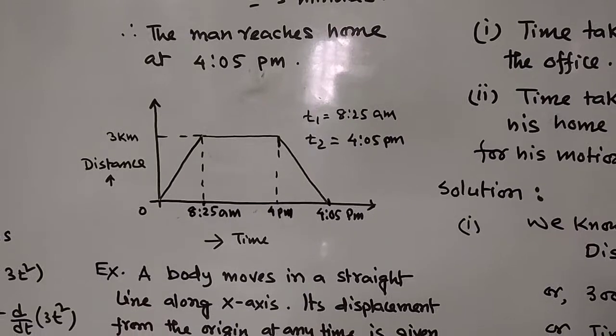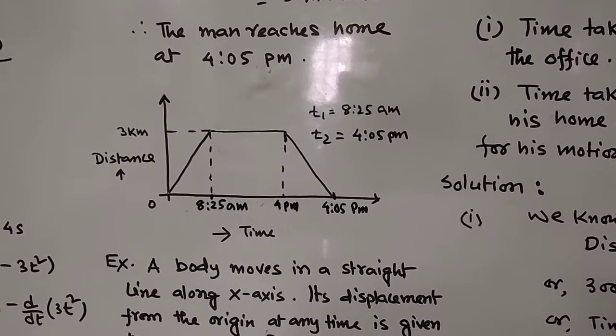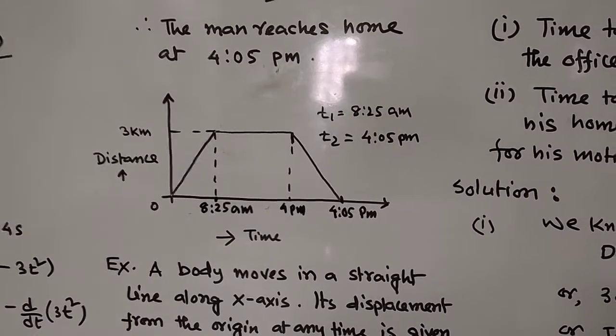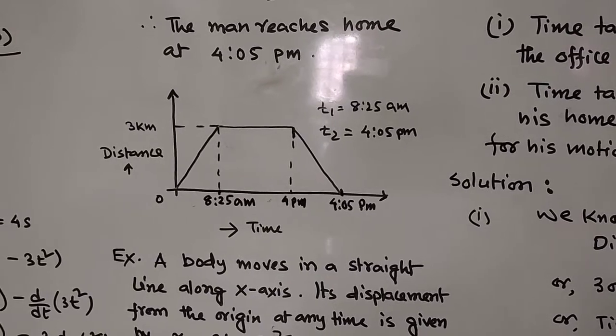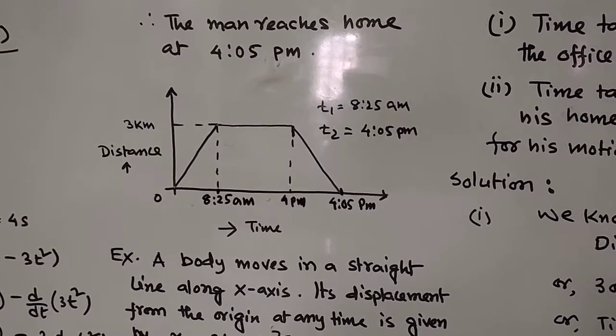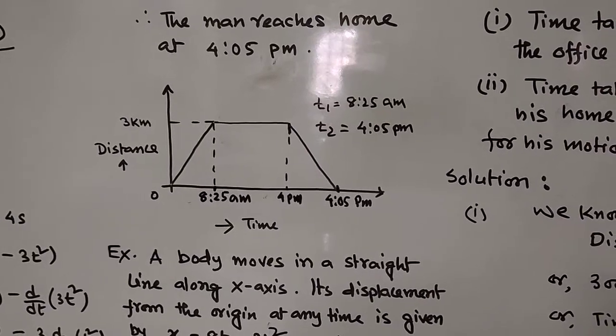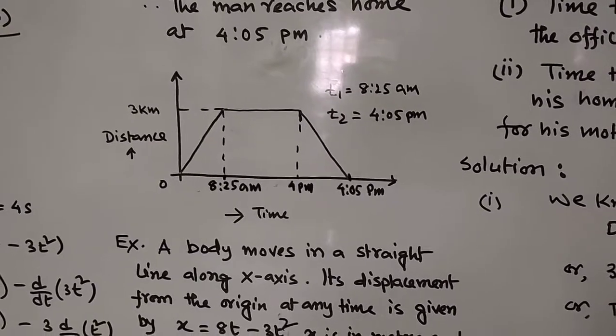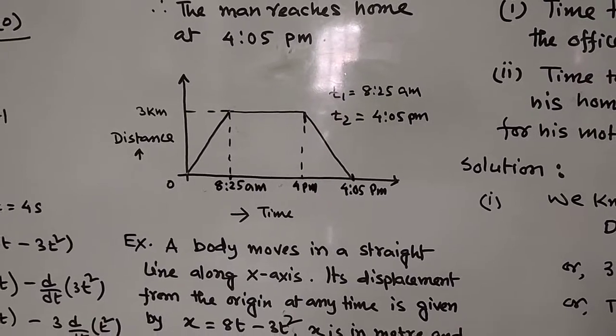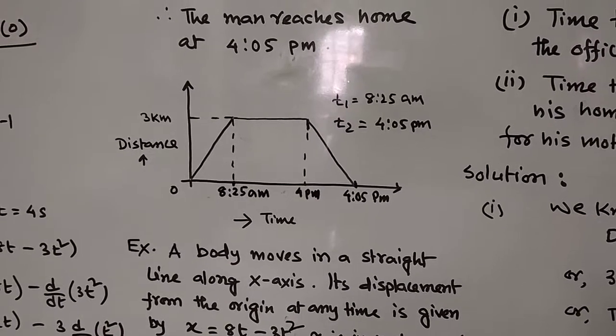So this is a sloped line, because the motion is uniform motion. At 8:25 a.m., because it takes 25 minutes to reach his office which is 3 kilometers away from his home, the man reaches his office.